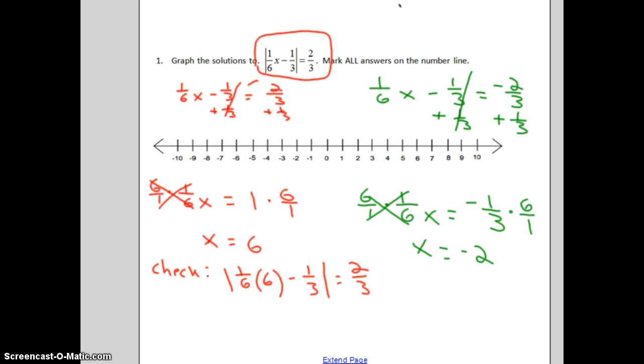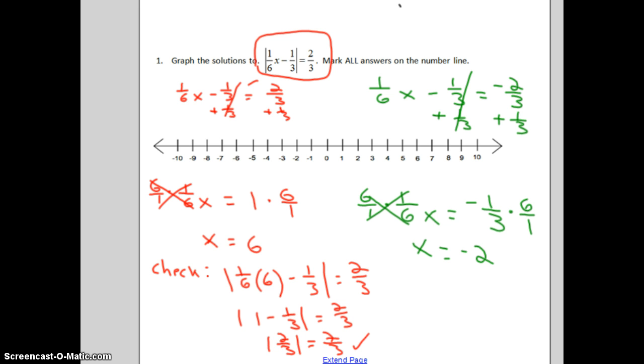Okay? So 1/6 times 6 is 1. So now you have the absolute value of 1 minus 1/3 equals 2/3. 1 minus 1/3 is 2/3, so you have the absolute value of 2/3 equals 2/3, and that is true.